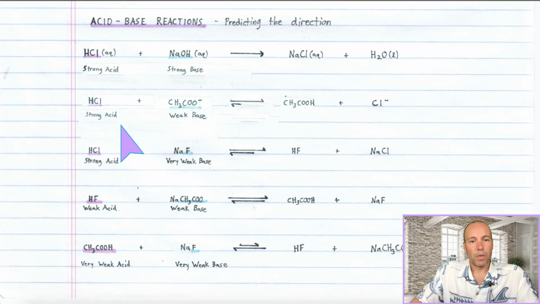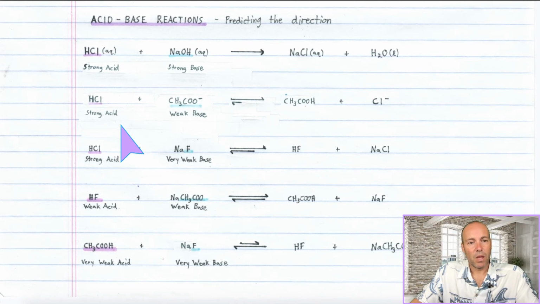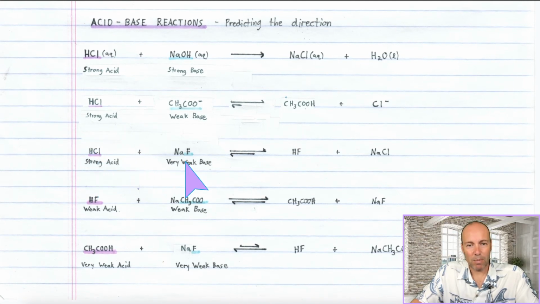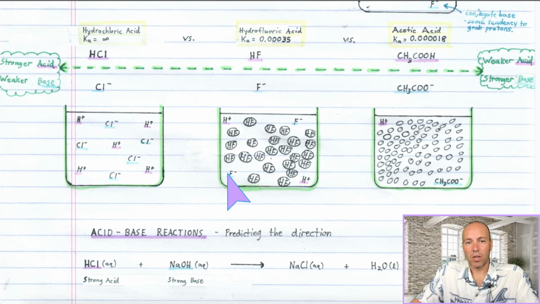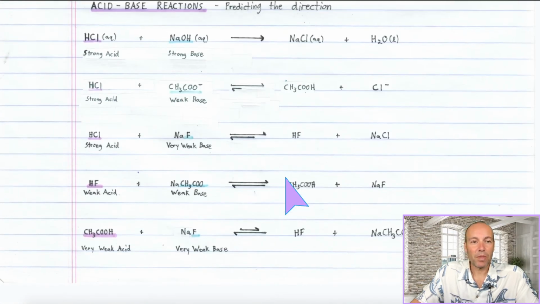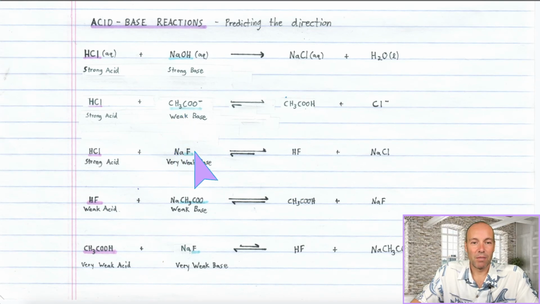If you react a strong acid with a very weak base, like F minus, okay, so in the form of sodium fluoride, F minus is the conjugate base of HF. So the F minus even has less of an attraction to protons than the acetate, okay? It allows more protons to be dissolved in solution, okay? And so this guy doesn't really want protons as much as that guy, right?